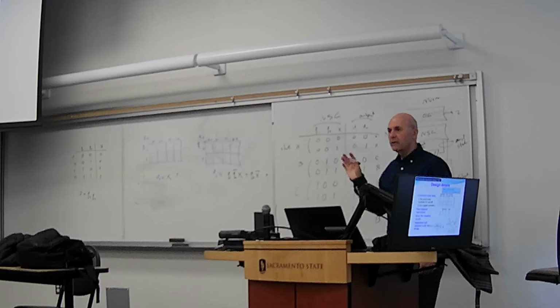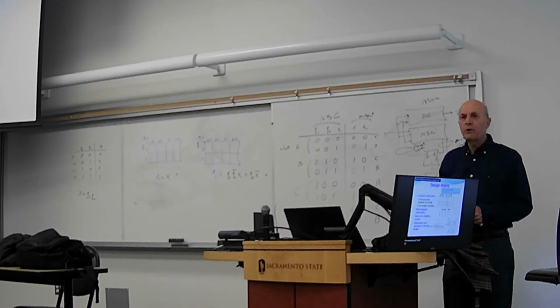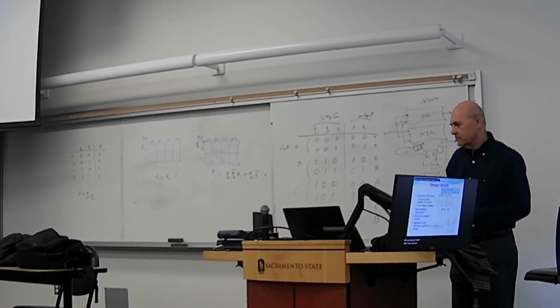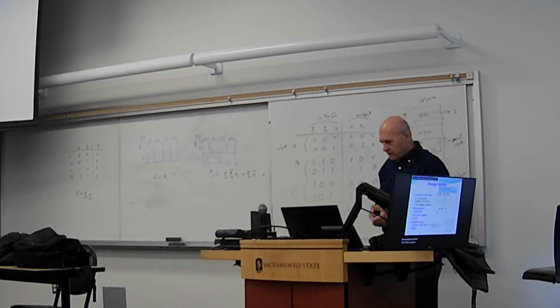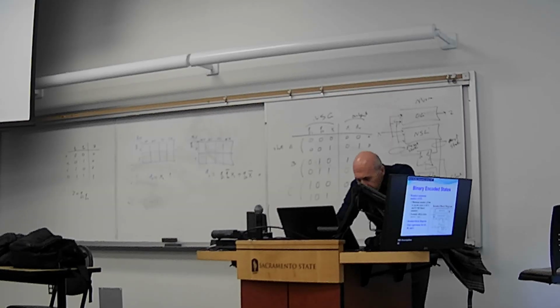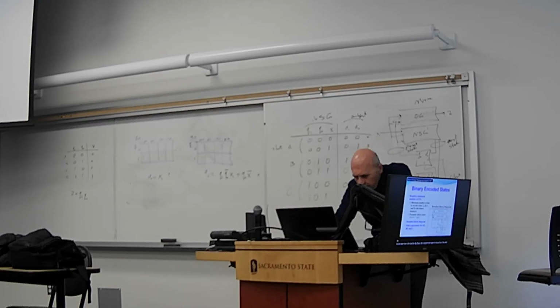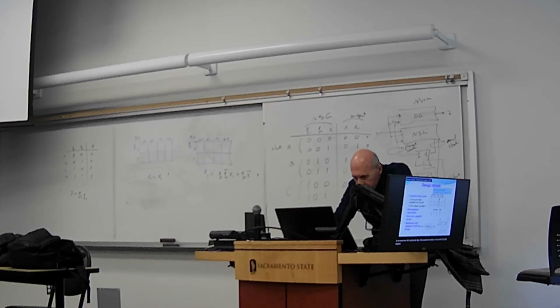Did everybody get those D0, D1 equations? Okay. So we were here, we had the flip-flops, we created truth tables for those from the state diagram. These are the truth tables.